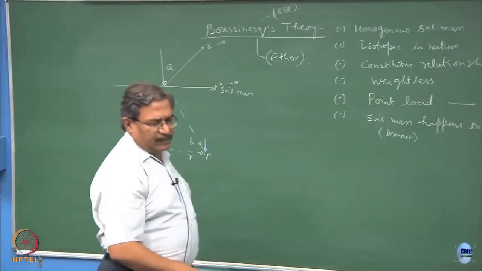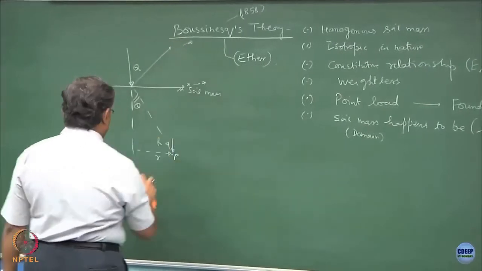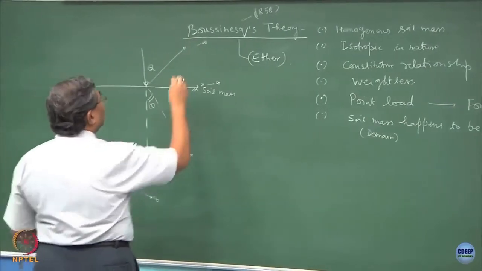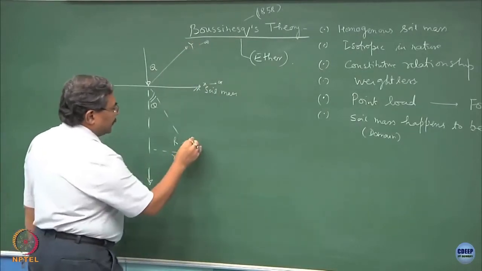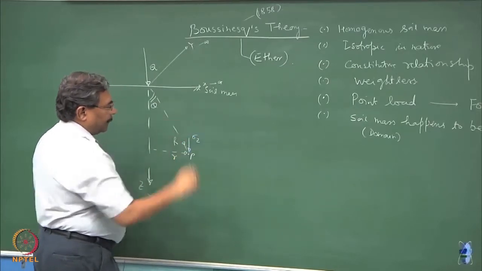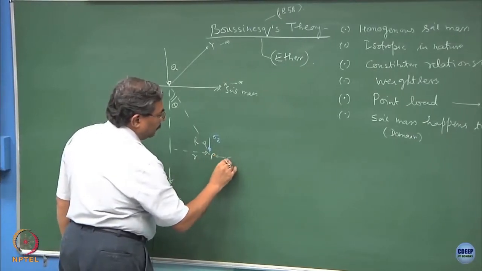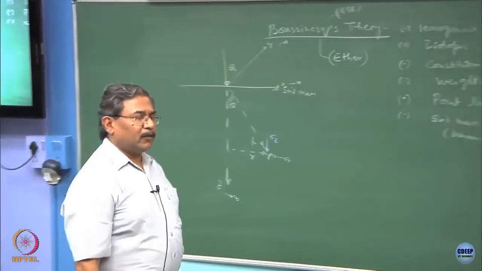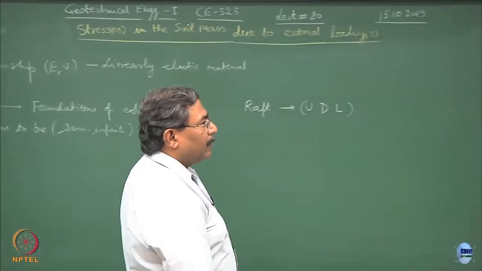Normally, let me change the nomenclature, we take this as Z and this as Y. So, basically this is sigma Z, the normal stress which is acting at point P, sigma R. I am sure you are doing a course in RCC also this semester.